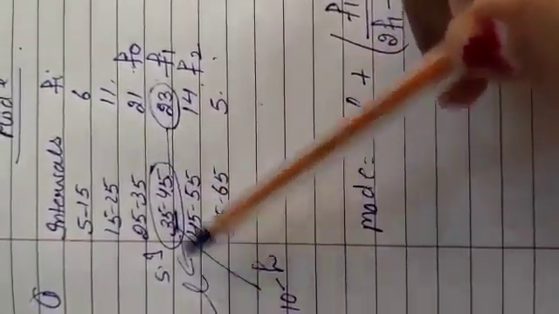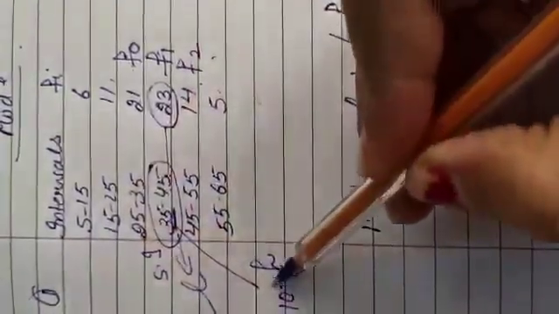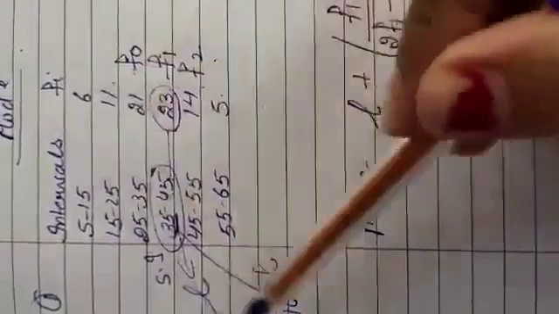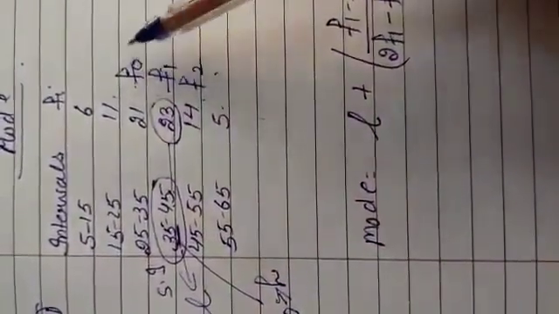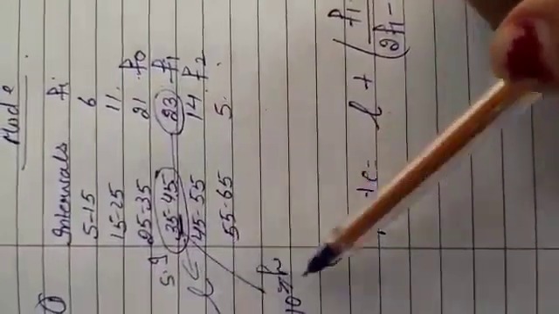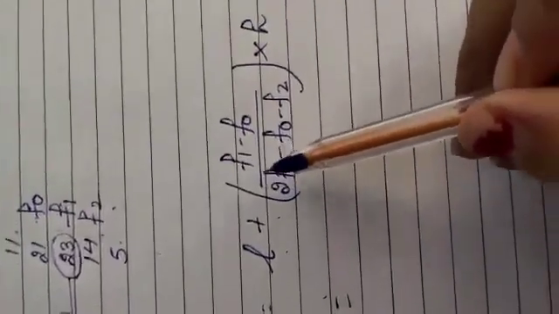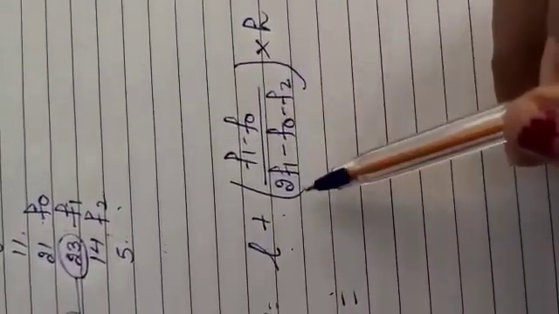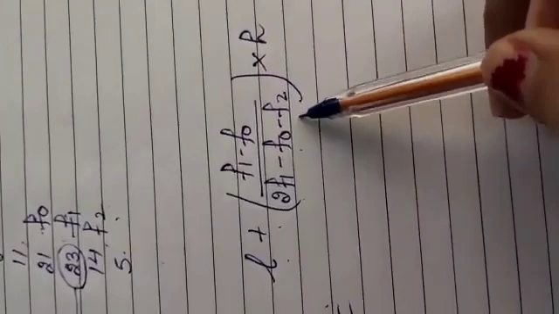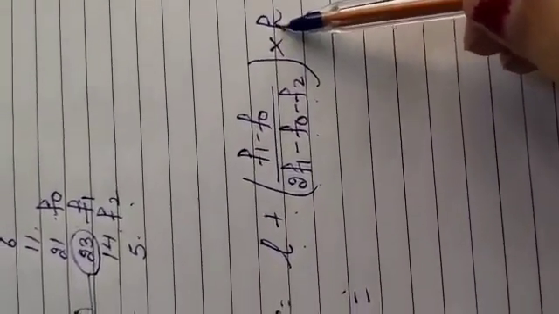Its least value is your L, and the width of the interval is your h. Now we know all the values, f1, f0, f2, L and h, so fill them into your formula. Mode is equal to L plus (f1 minus f0) divided by (2f1 minus f0 minus f2), multiplied by h.